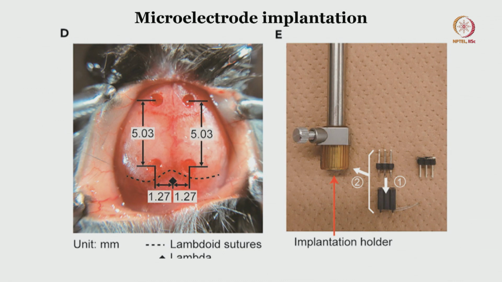There is an adapter to use the Hamilton syringe, an adapter to hold implants like this, an adapter to hold the flat PCB circuit boards, and then an adapter to hold the drill bit. So, this is the versatility of this same stereotactic apparatus that we have been discussing in the last few sessions. Just by changing the adapters, you can use various tools using similar steps.